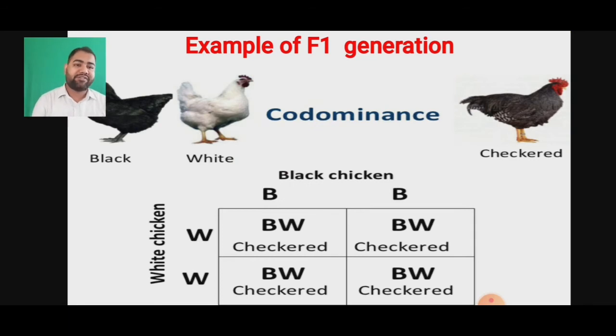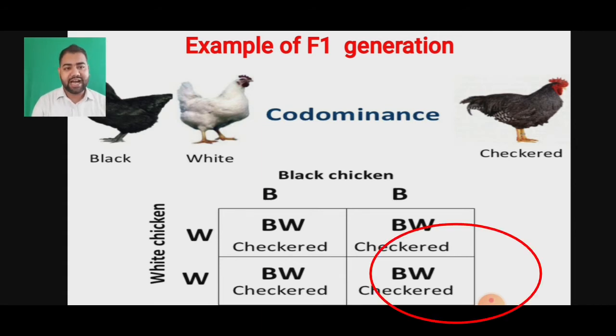Here is an example of the F1 generation. Dear students, look at the picture: the black and white hen cross, and checkered or splashed white fowl are produced in the F1 generation.